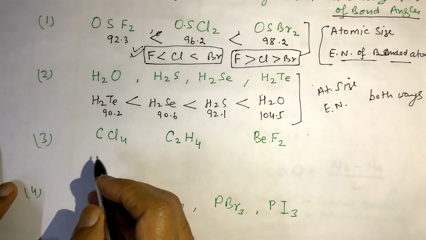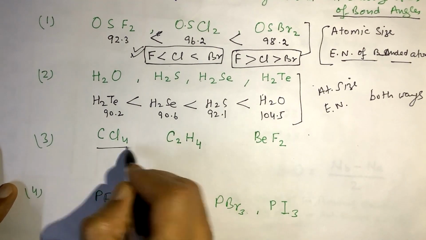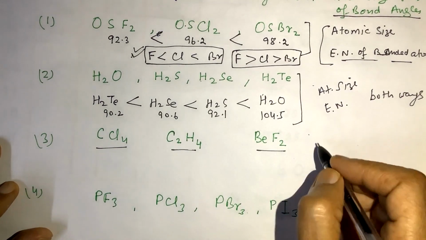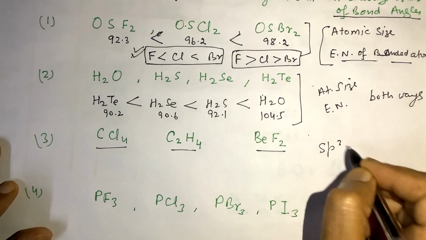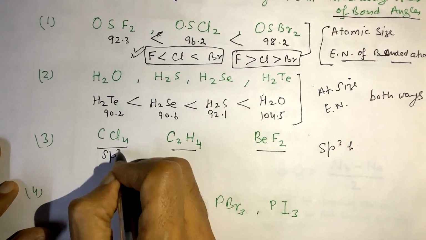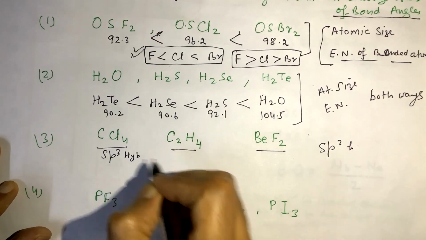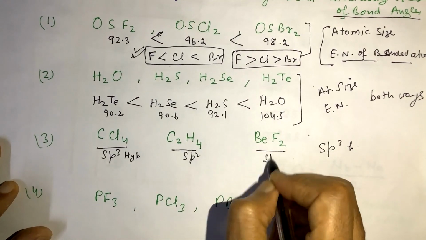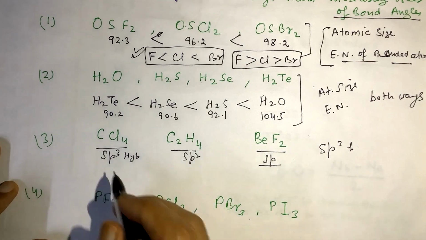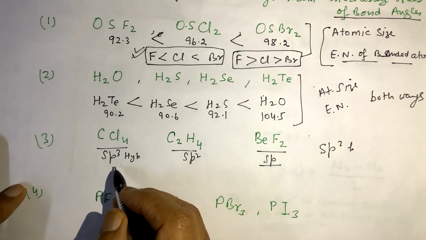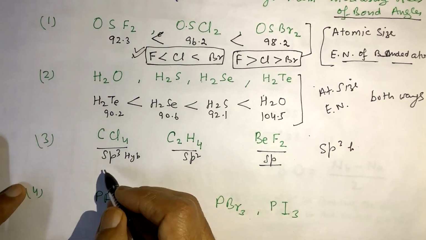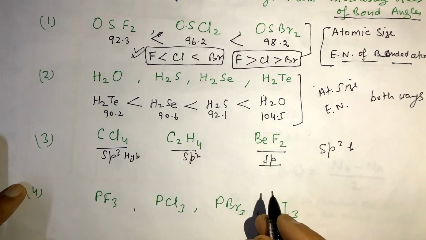And the third question is, these three molecules. This is sp3 hybridization, this is sp2, and this is sp. So as the s character of the hybridization decreases, the bond angle also decreases.